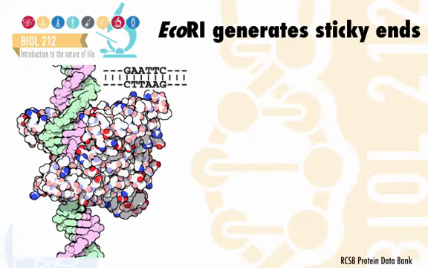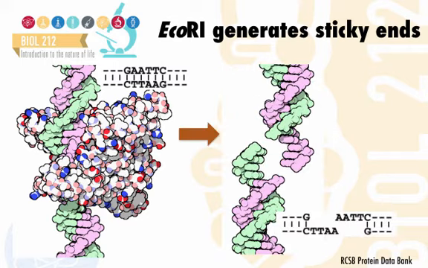On this slide is an example of a restriction enzyme called EcoR1, which recognizes the sequence GAA-TTC within DNA, binds to it, and makes a cut to produce staggering ends called sticky ends, which are complementary to each other.